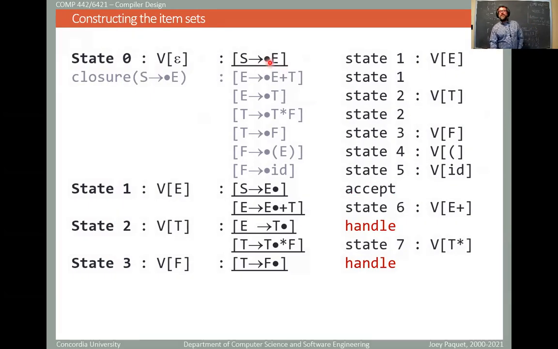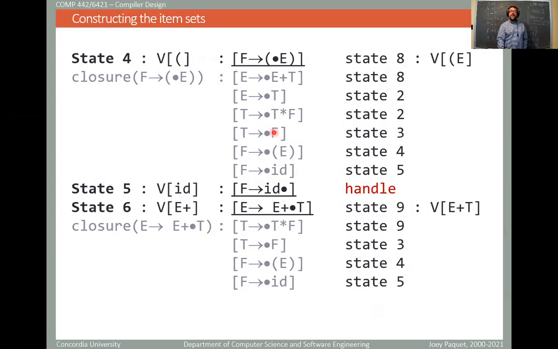In state 0, you encounter an E, you go to state 1. So in the go-to table under E in state 0, you'll see 1. Under T, you'll see 2. Under F, you will see 3. So 1, 2, 3 for E, T, F in state 0.